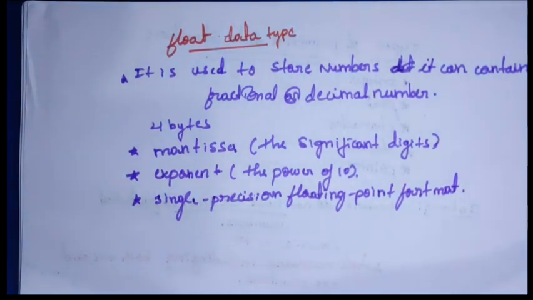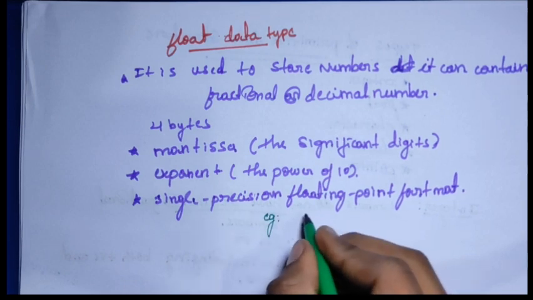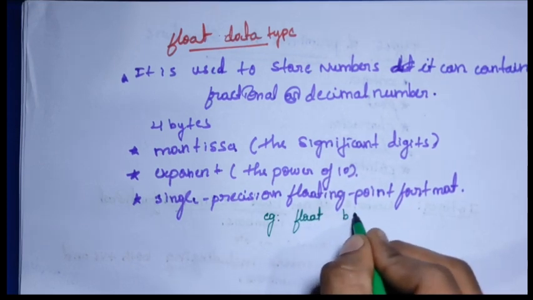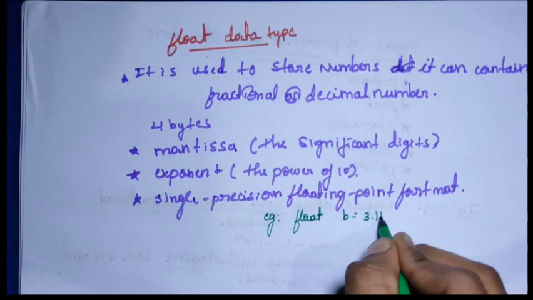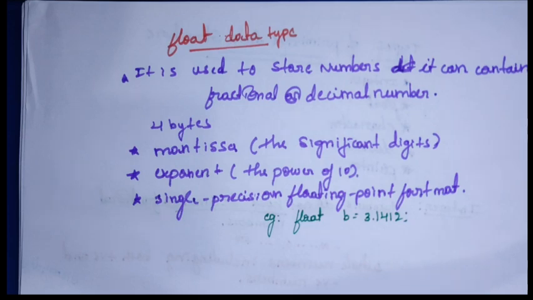Suppose I consider an example: float b is equal to 3.1412 and so on. So this is the float data type.